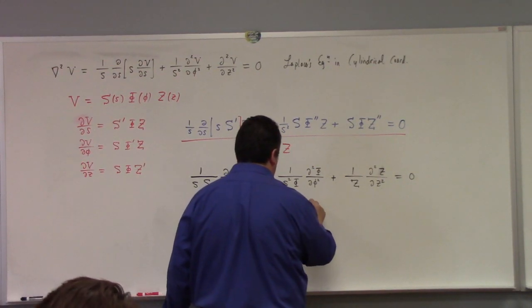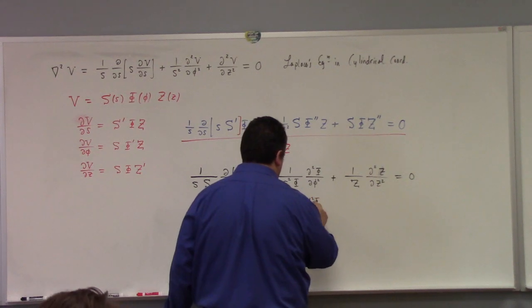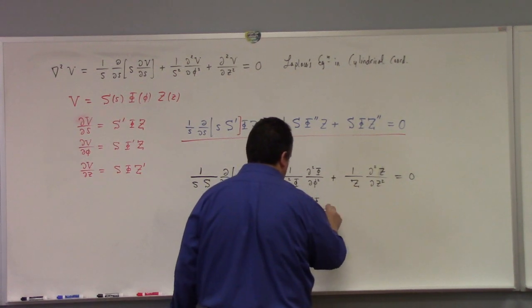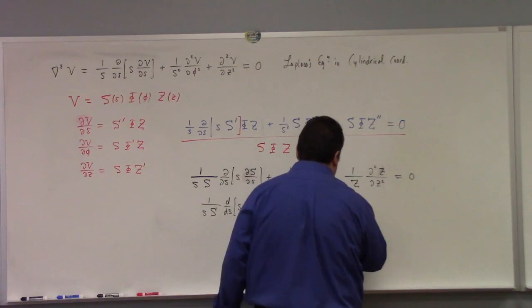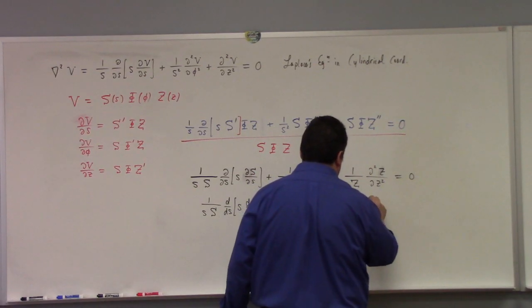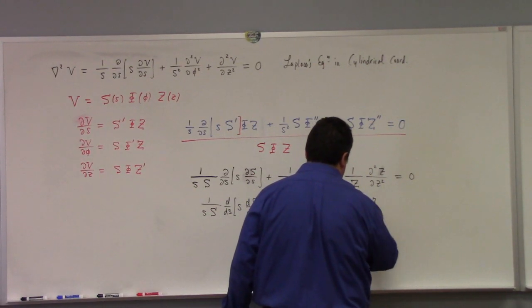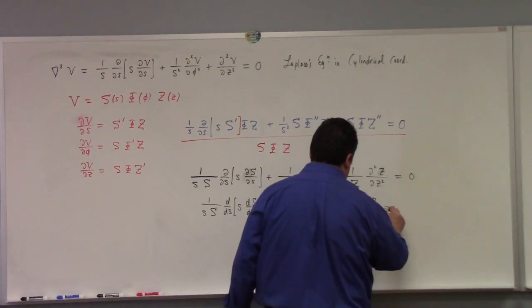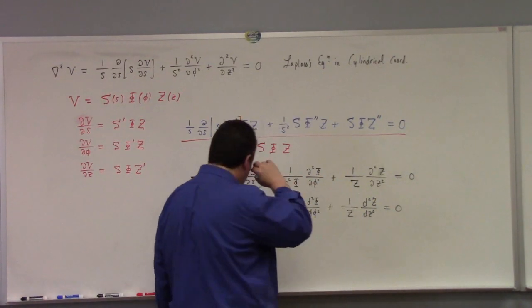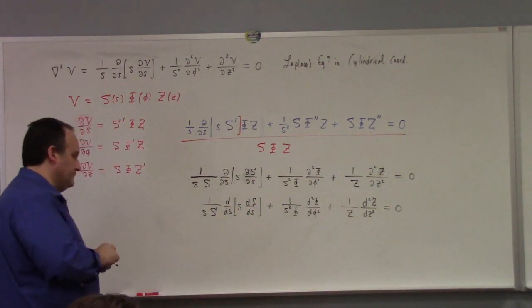Big phi, d squared phi, dt squared plus 1 over big Z, d squared Z, dz squared equals 0. All right.